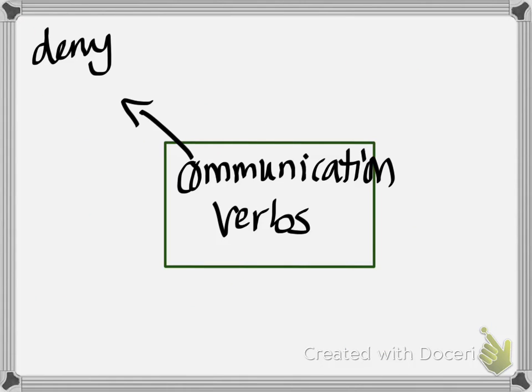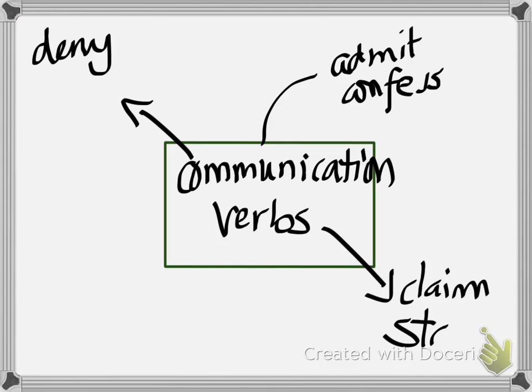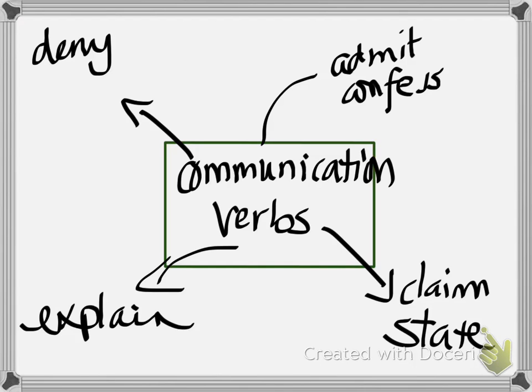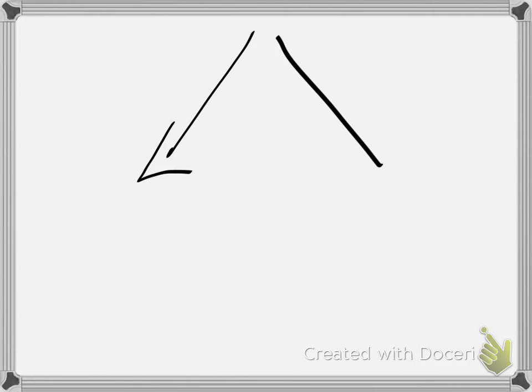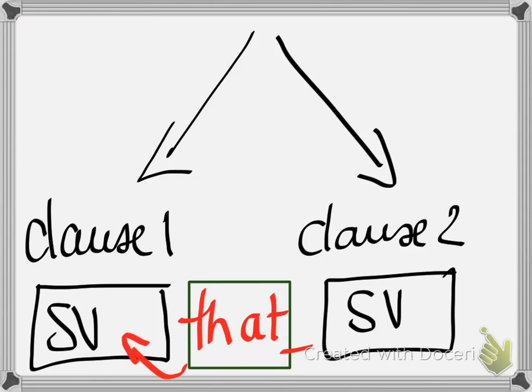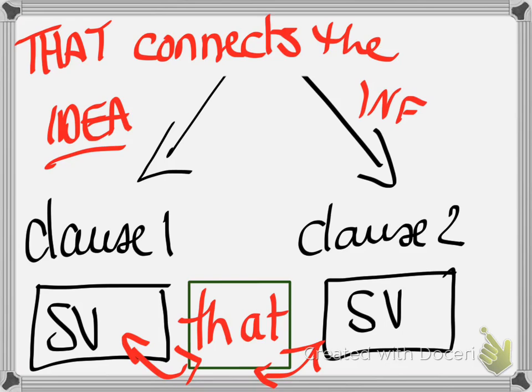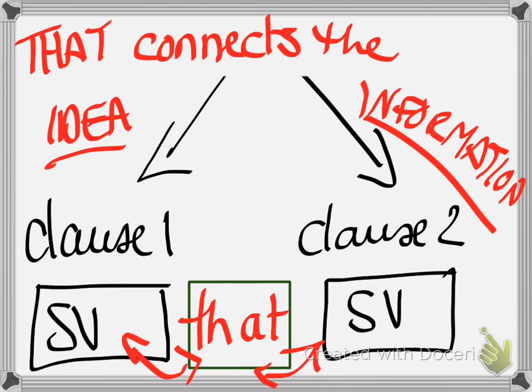Because that's the thing with communication verbs. We do different things when we communicate, so we have different verbs that show what that kind of communication is. And again, the idea is that that works as the connector between what our interpretation is and the information. It connects the idea with the information.